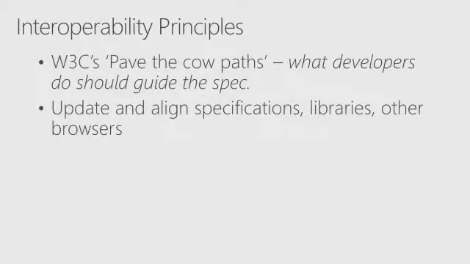So what we decided was to be pragmatic, as I mentioned before. We will work with web standards, but sometimes we have to update or align the specification. Sometimes we will have to fix libraries out there. Sometimes we will have to provide bug feedback to other browsers, and obviously, anytime we want to work, we will fix our own browser.